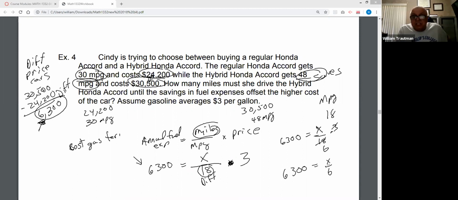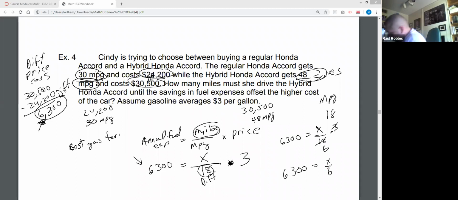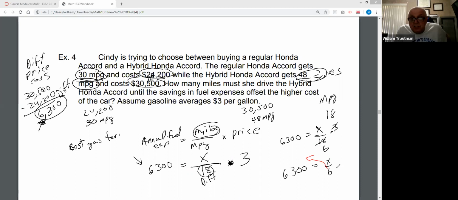I have to take the 6 to the other side, so I multiply by 6. Let's see if this works. I multiply this side by 6, and X equals 37,800.